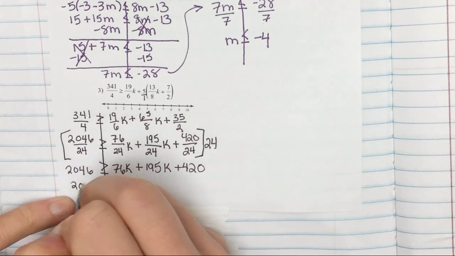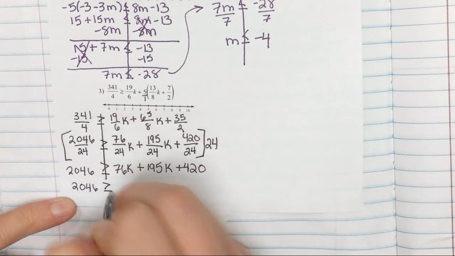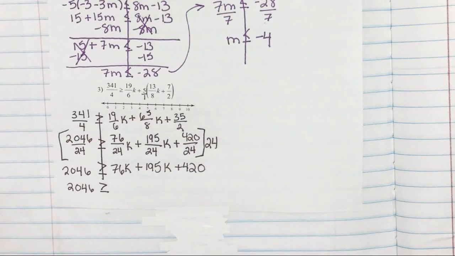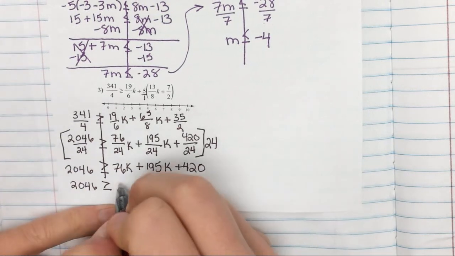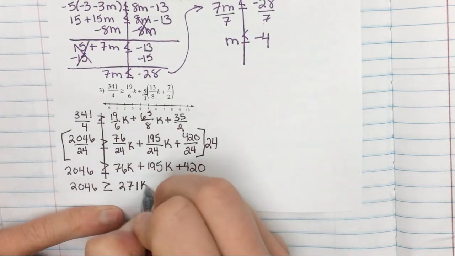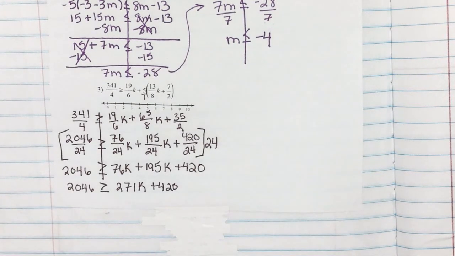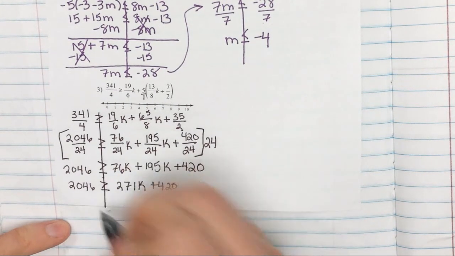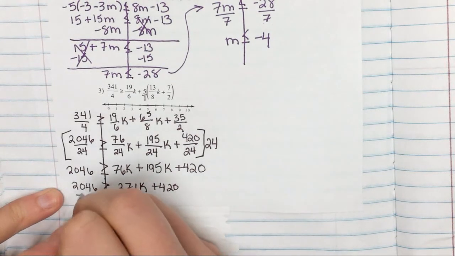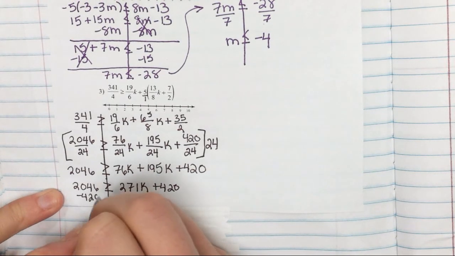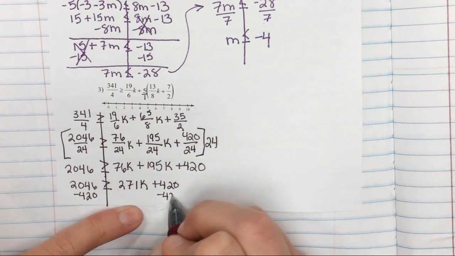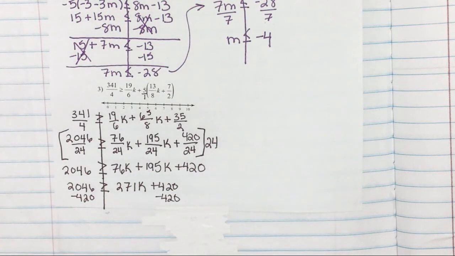So I have 2,046 is greater than or equal to 76 plus 195 is 271k plus 420. I'm then going to use the subtraction property of inequality, and I'm going to subtract 420. So I'm going to remove the constants since my variable is already on the same side.